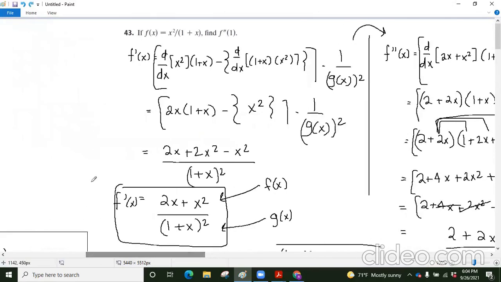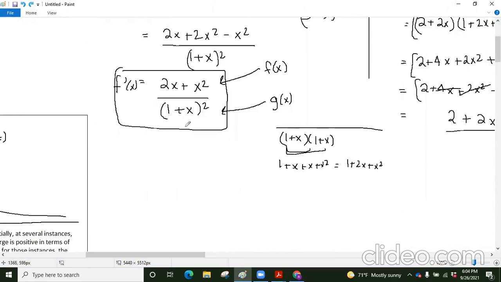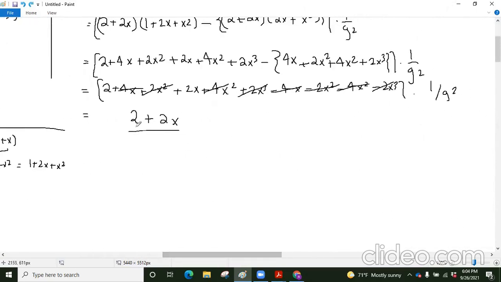Coming back to what we were taking the derivative of, 1 plus x squared was our g, and then squaring that, 2 plus 2x over 1 plus x to the fourth.